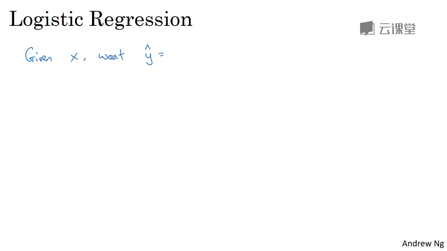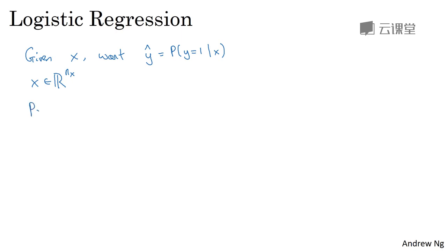More formally, you want y hat to be the probability or the chance that y is equal to 1 given the input features x. So in other words, if x is a picture, as we saw in the last video, you want y hat to tell you what is the chance that this is a cat picture. So x, as we said in the previous video, is an nx-dimensional vector.